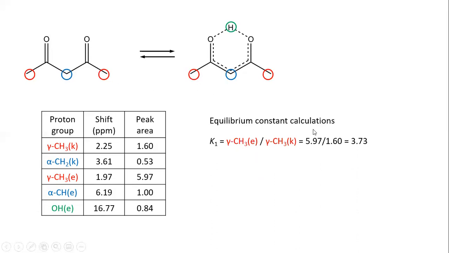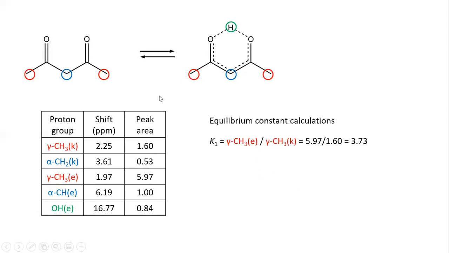We take the area, which is 5.97, divided by the area of the gamma methyl protons of the keto form, which is 1.6. So if we just do the calculation, we have the K being 3.73. Okay, looks straightforward. So now let's up the game a little bit.